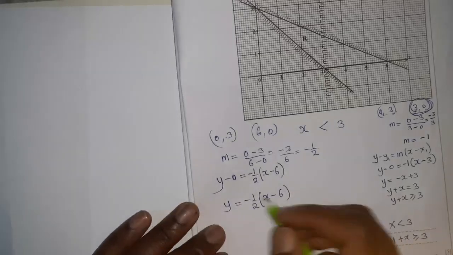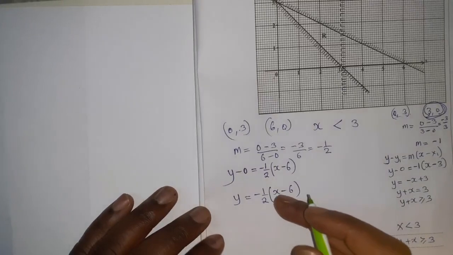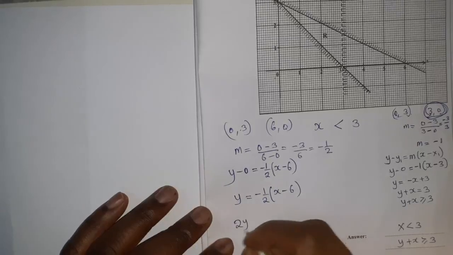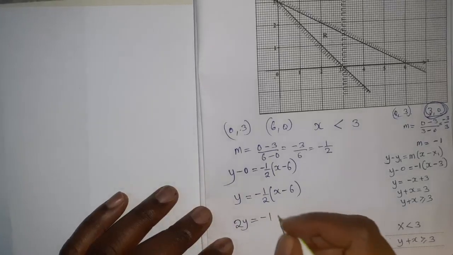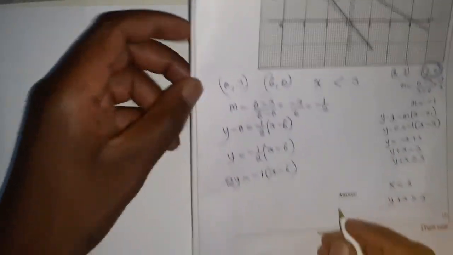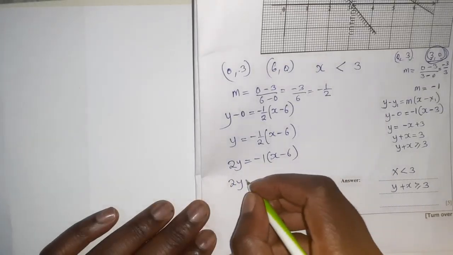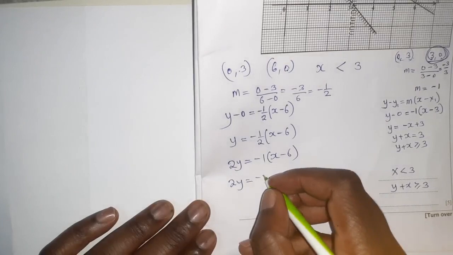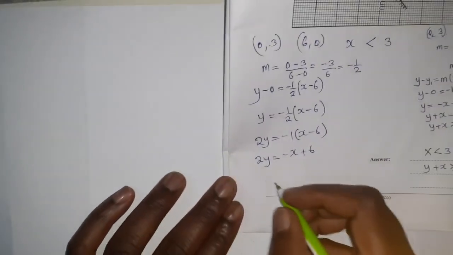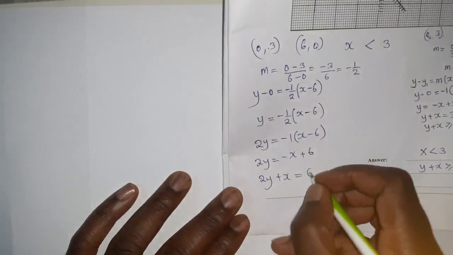When the gradient is a fraction, it's better to simplify by cross multiplying, so the 2 comes this side: 2y equals minus 1 (x minus 6). Then 2y equals negative x plus 6, so we can write 2y plus x equals 6.